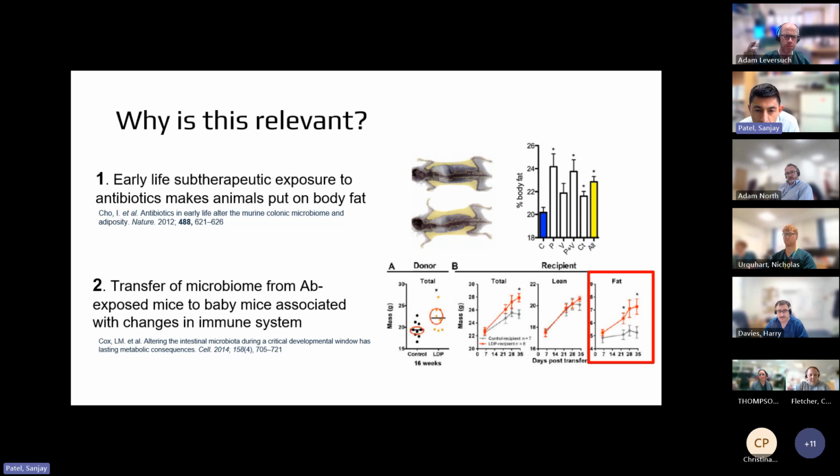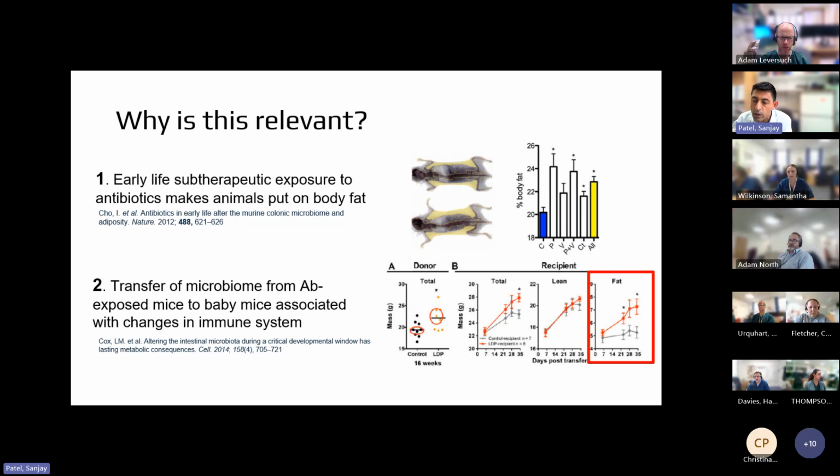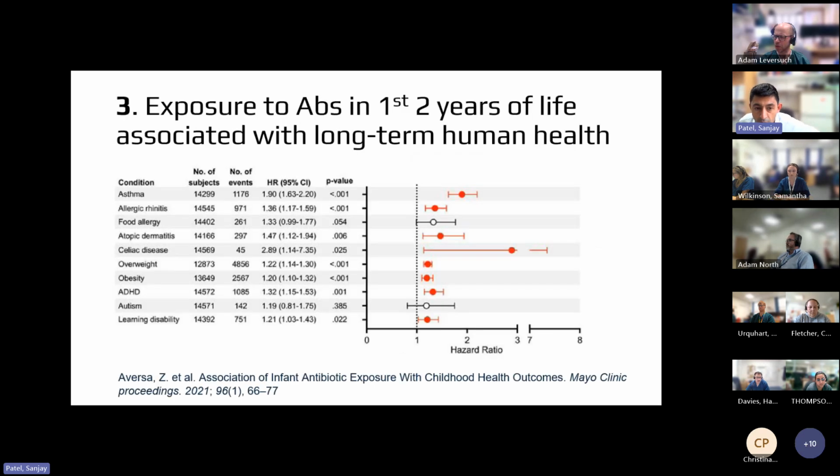The stool that came from the mice that had been exposed to antibiotics results in a far fatter mouse than the one that wasn't, and that red box there is totally different. And so there's something about what we're doing and meddling with the bacterial composition of bodies, especially when they're young, so especially in infants, that has a potentially marked impact on things. And those things can be obesity, but they can be more than that.